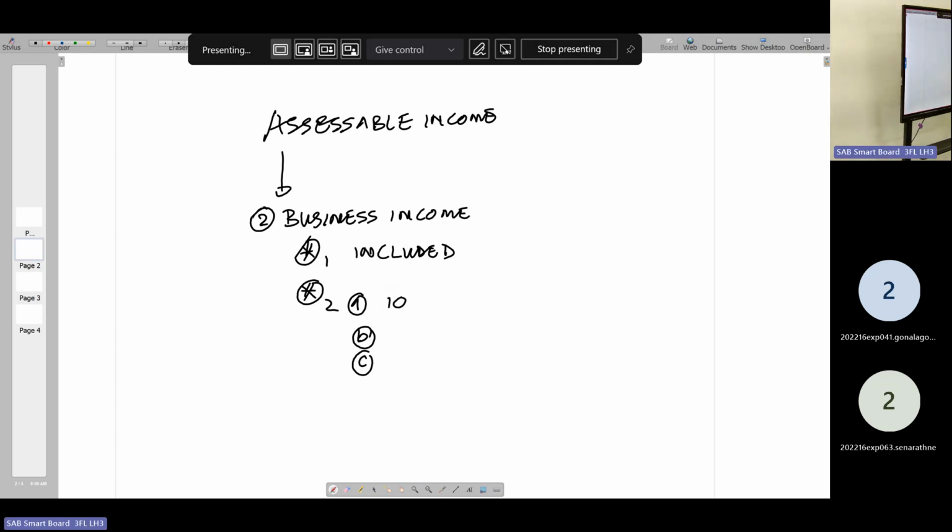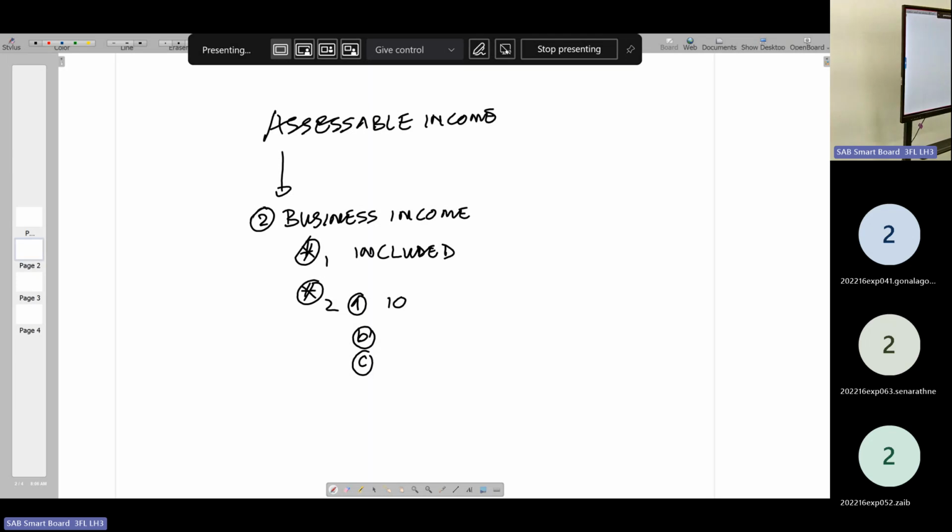So we discussed section 10, general deduction. That section says that even though it is under general deduction, nothing can be deducted under any category of expenditure which is covered by section 10. So for calculation purposes, we call it allowable expenditure.